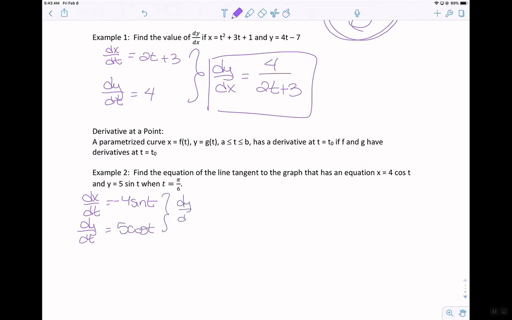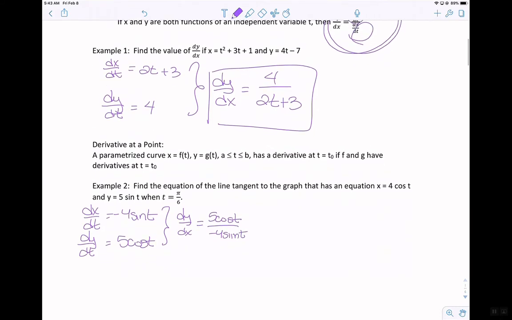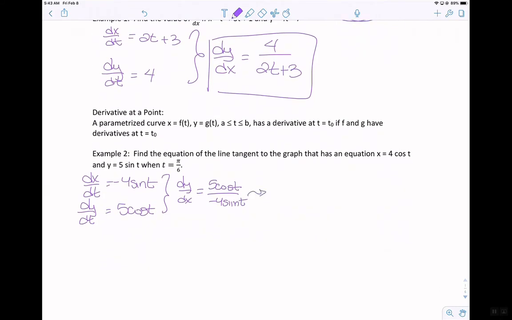So then dy dx is equal to 5 cosine of t divided by negative 4 sine t. And then I'm going to evaluate this at pi over 6.